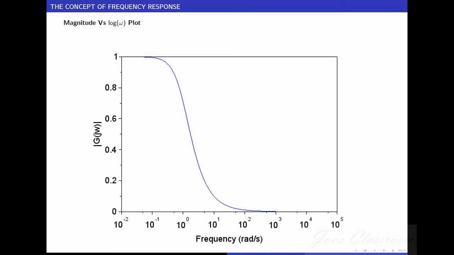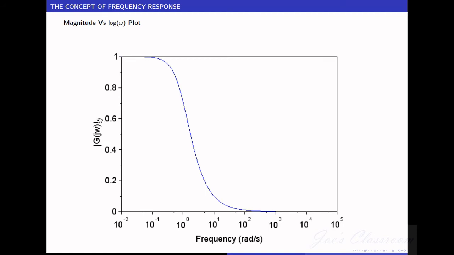Since this work started with analyzing oscillators and amplifiers dealing with sound signals, the gain was plotted in decibels because the ear responds to loudness of sound logarithmically in decibel scale. Gain in decibels is obtained by taking the log of g of j omega to the base 10 and multiplying it by 20.